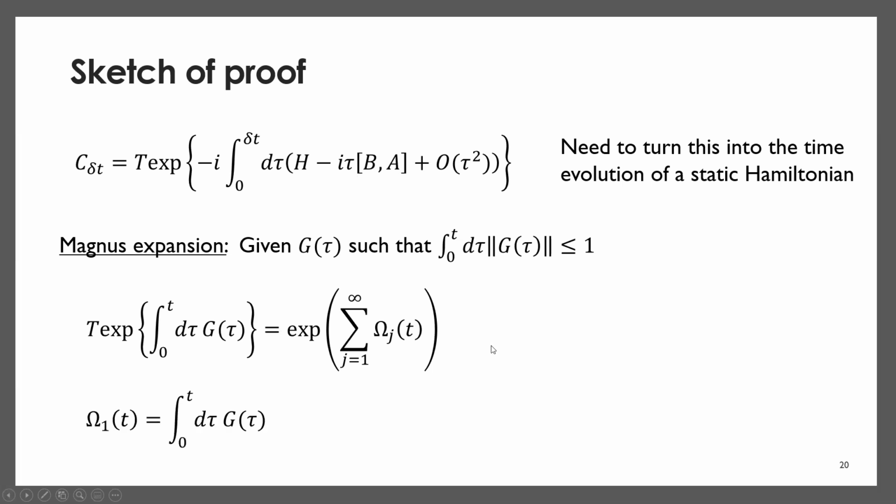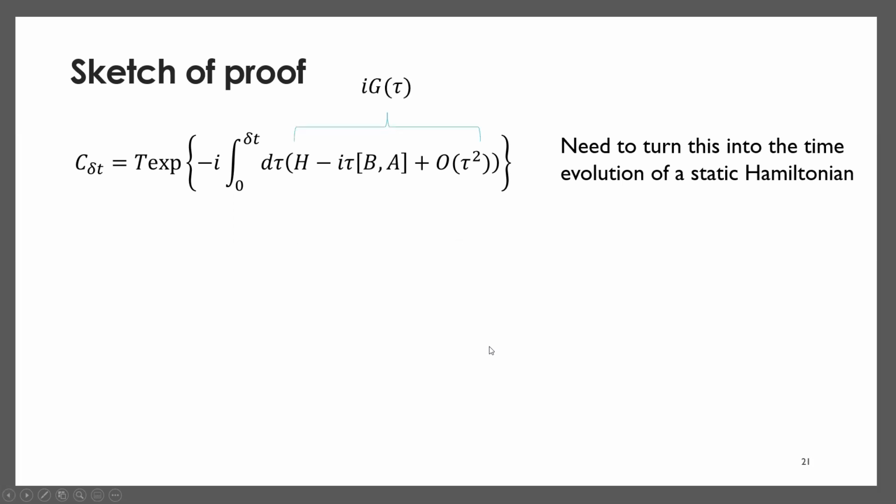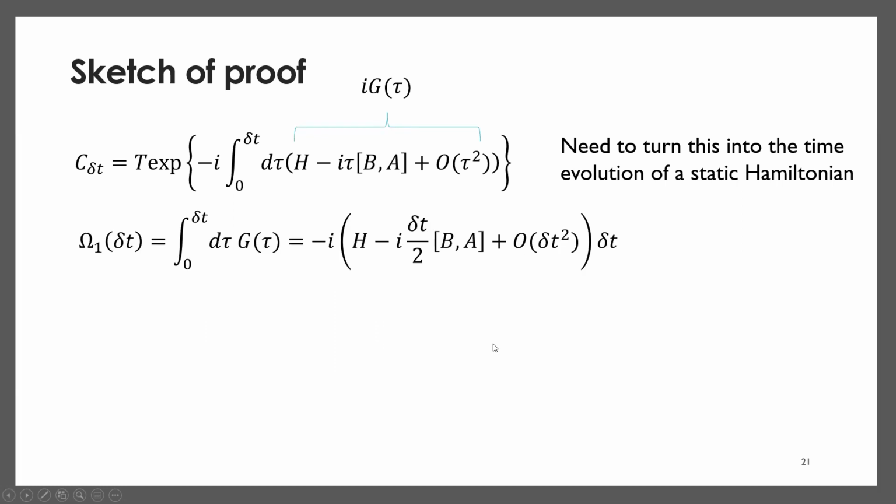There are formulas for how to calculate this omega from omega 1 to infinity. We're going to do that for this time-ordered exponential. For the first, omega 1, it is basically just the average of this G over time. After we do this integration, we can show that omega 1 is basically the original Hamiltonian plus the commutator.